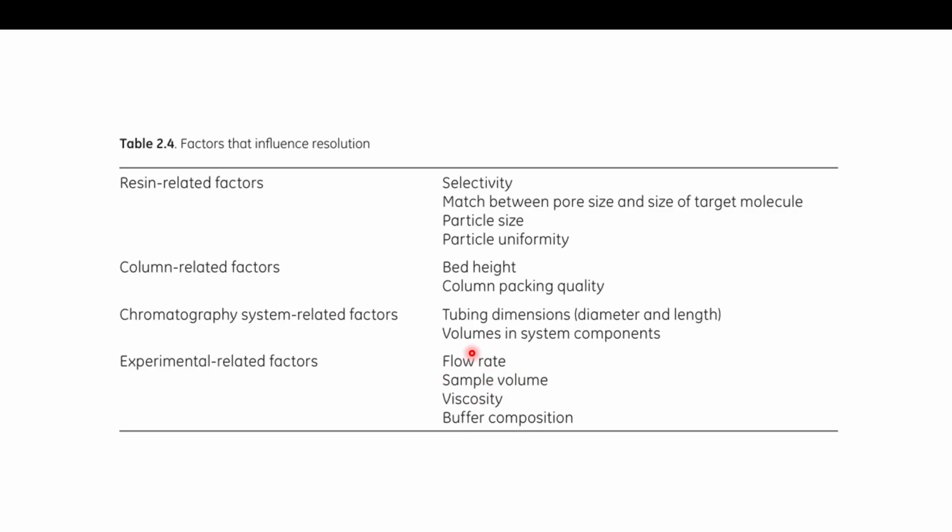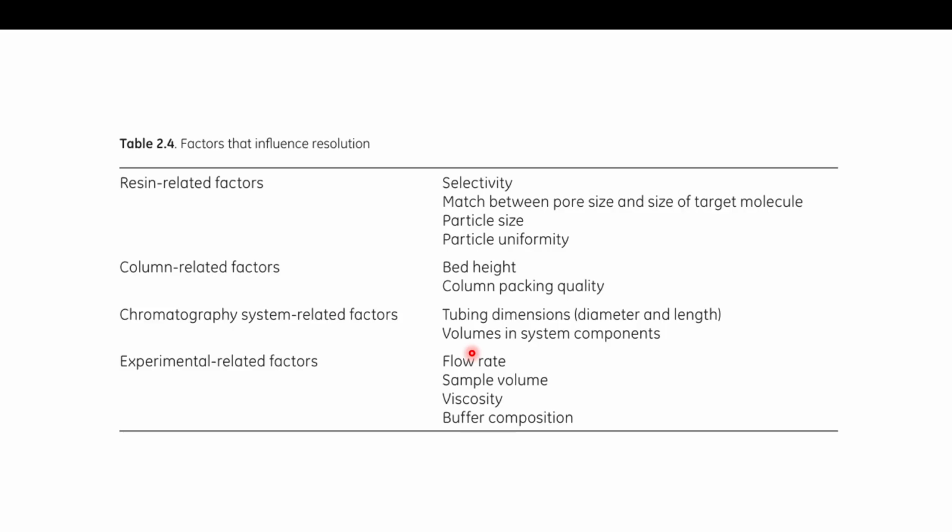Suppose when you are loading your sample and the flow rate is really high. During that time, one thing is there will be high pressure across the column matrix, definitely. And another thing is your sample is not getting enough time to really interact with the resin, especially in cases where the molecule of your interest has to interact with the resin or the matrix.